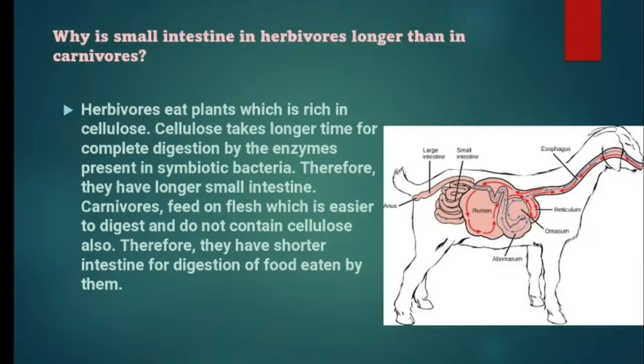Now, why is the small intestine in herbivores much longer than that in carnivores? You might have seen that herbivores generally feed only on green plants, and carnivores feed on meat.